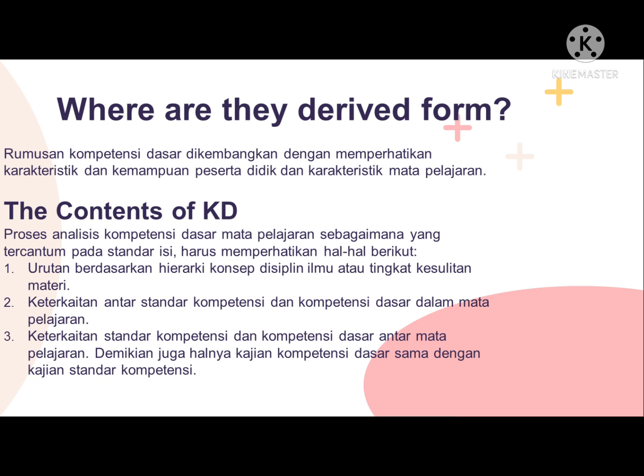The contents of basic competency, the process of analyzing the basic competence of subject as stated in the content standard. So pay attention to the following. Order based on the hierarchy of disciplines concept or the level of material difficulty.